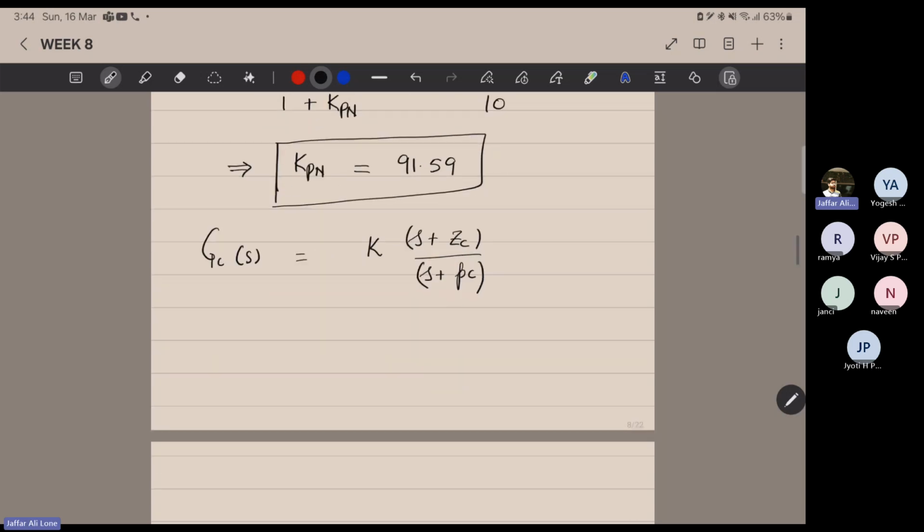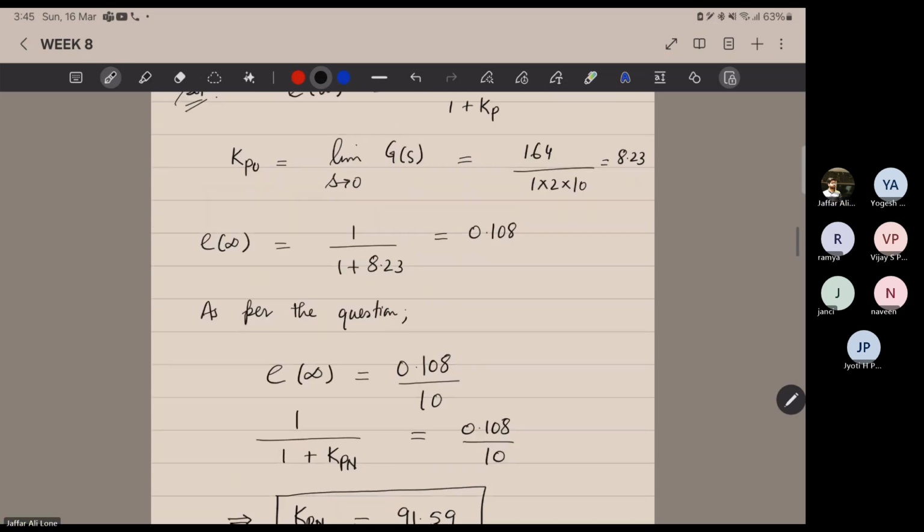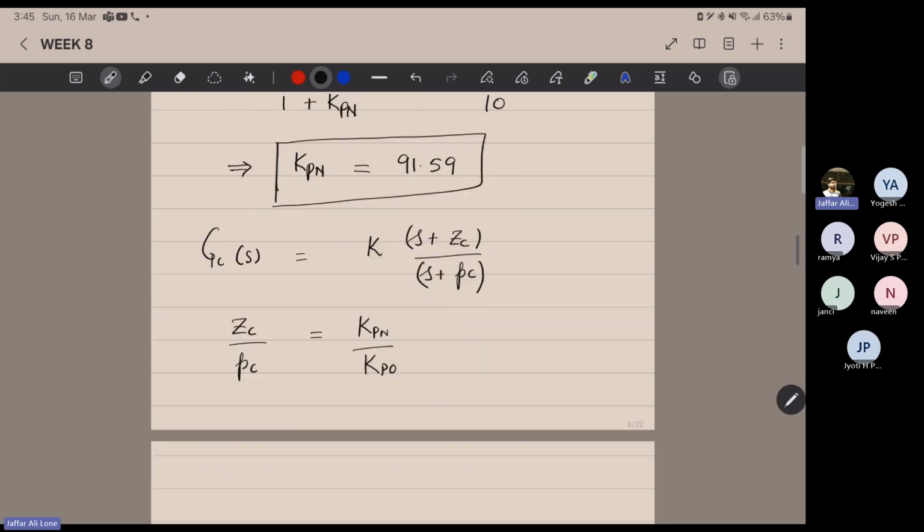One more thing you should remember is this: Zc over Pc is equal to Kpn divided by Kpo, that's this old K. In other words, it's equal to K desired, or K compensated, divided by K uncompensated.